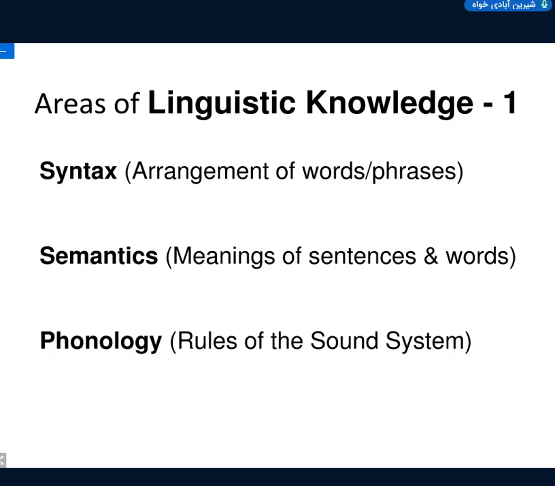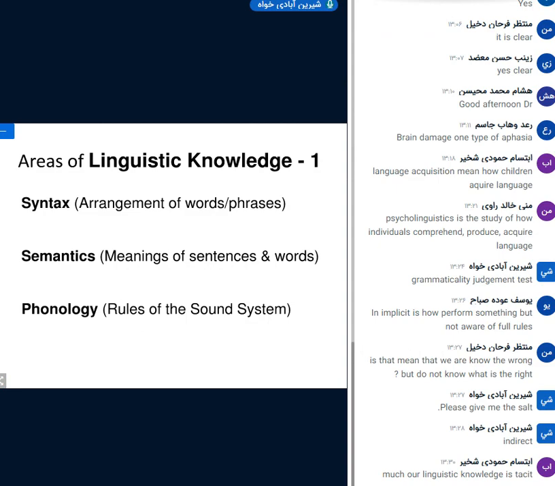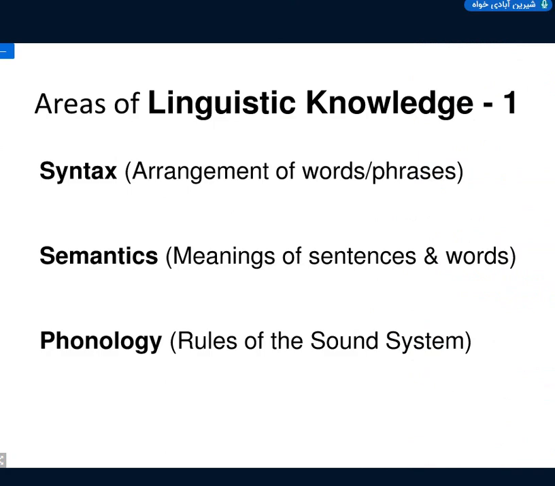And this linguistic knowledge, for example, includes syntax. Syntax is not observable. It is in the minds of the speakers. We can know the problems with sentences which are not grammatically correct. The arrangement of words and phrases is a piece of linguistic knowledge, and implicit too, as is semantics, the meanings of sentences and words.